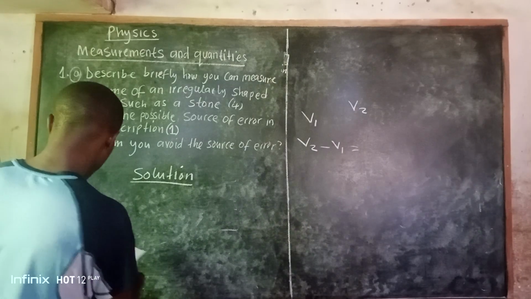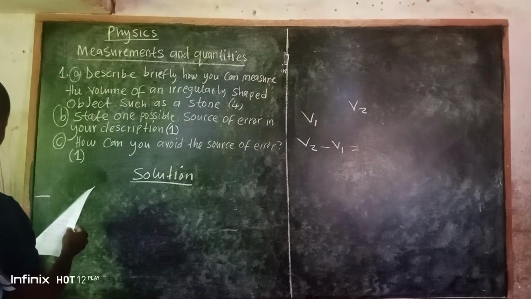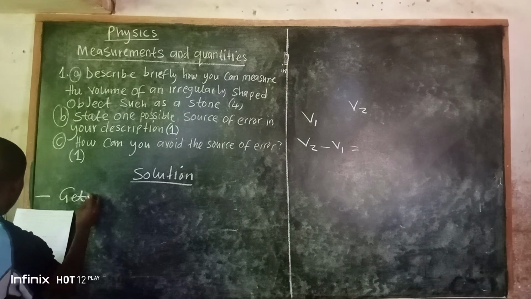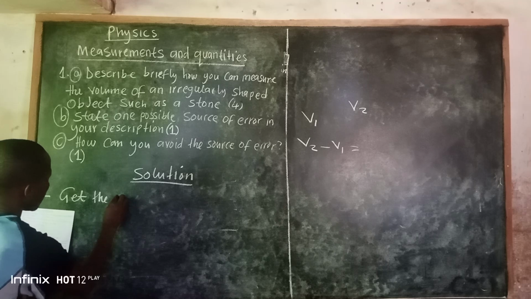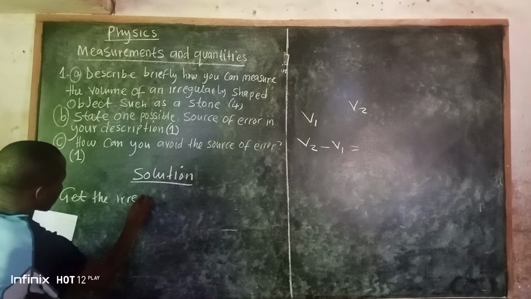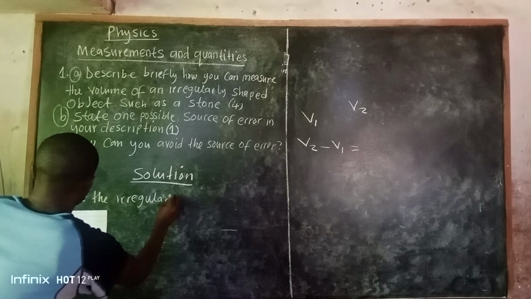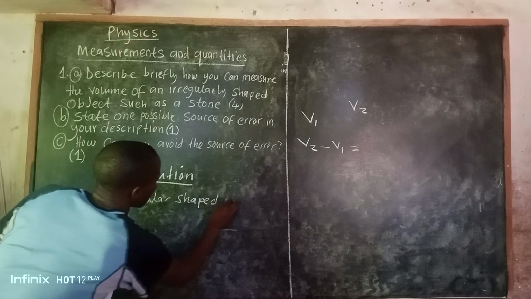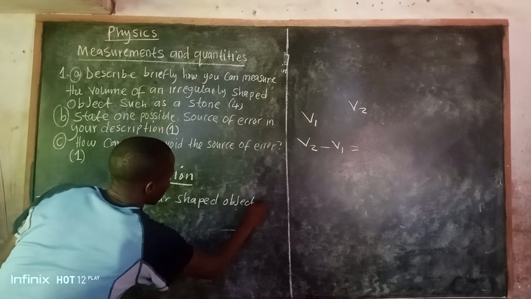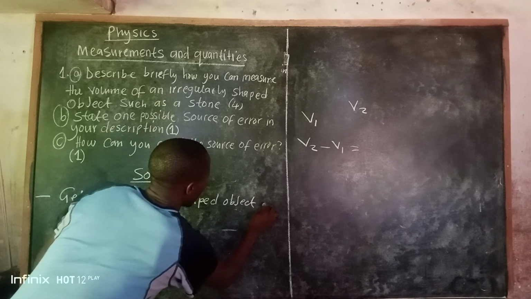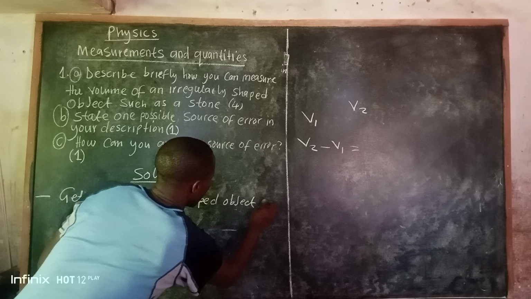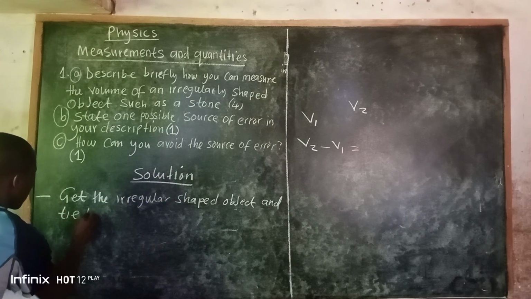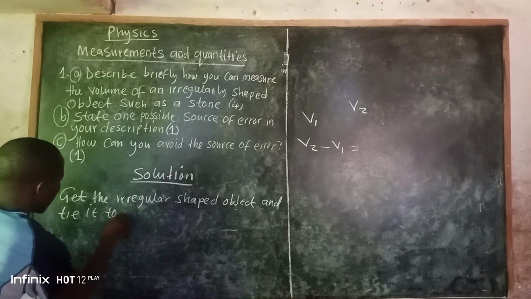As I was saying, the first one: you are going to get the irregular object and tie it to a string.